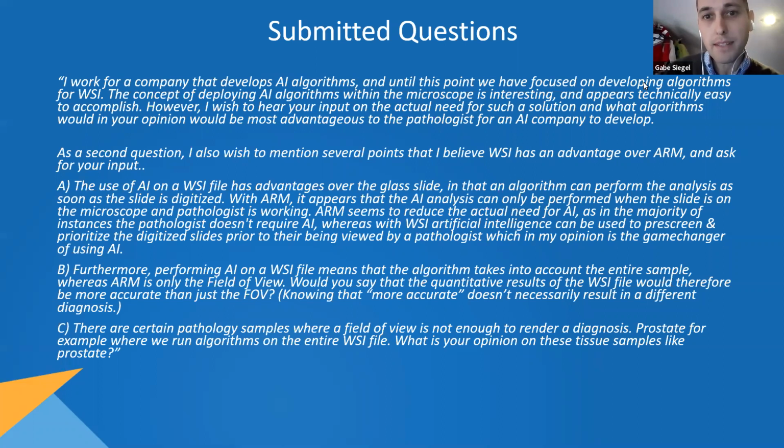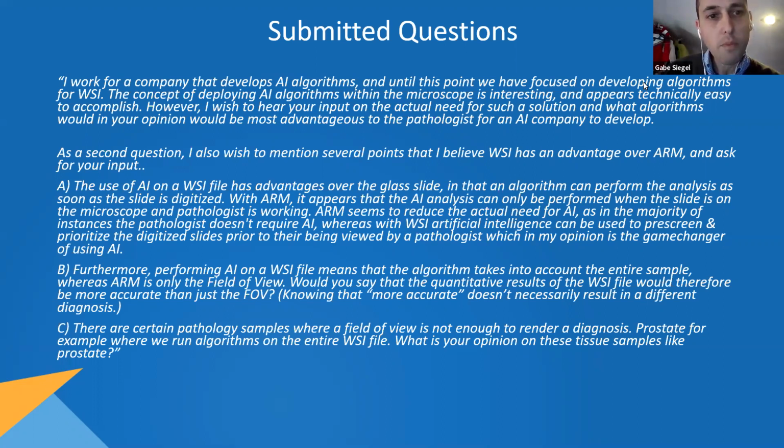With ARM, it appears that the AI analysis can only be performed when the slide is on the microscope and the pathologist is working. ARM seems to reduce the actual need for AI, as in the majority of instances the pathologist doesn't require AI, whereas with WSI, artificial intelligence can be used to pre-screen and prioritize the digitized slide prior to its being viewed by a pathologist, which is, in my opinion, a game changer of using AI.